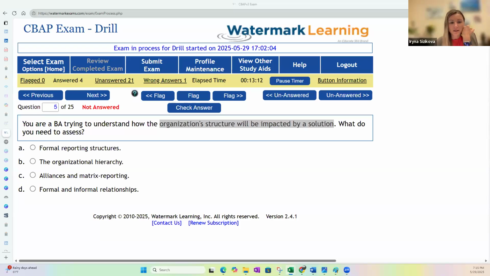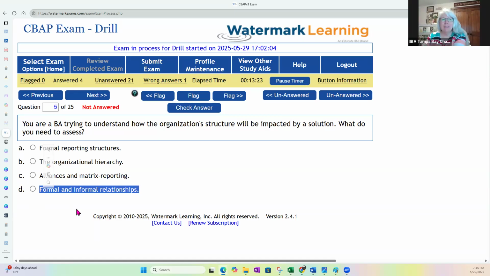So I would eliminate D for sure. It's formal and informal relationships. It's especially informal relationships. It sounds weird. Is it what it sounds like or what you know from the BABOK? It's my gut feeling. Okay, that's your gut.